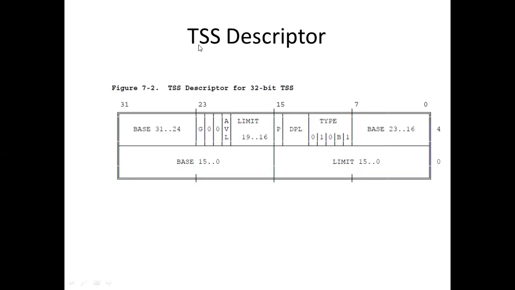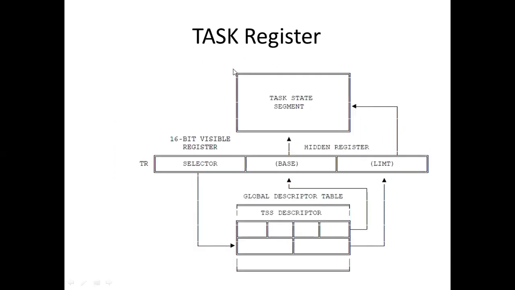Here, the TSS, the task state segment, is shown. A TSS task register in which the task state segment is there, with a limit value of the task register given to the task state segment.